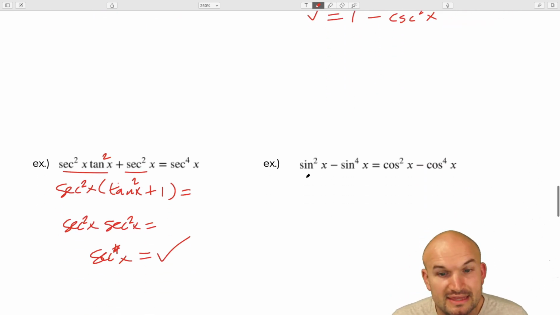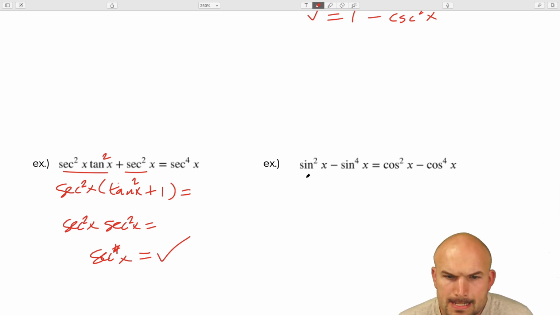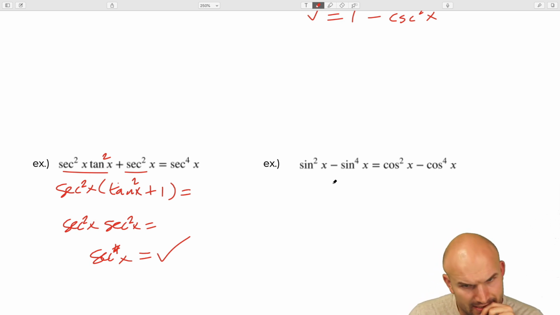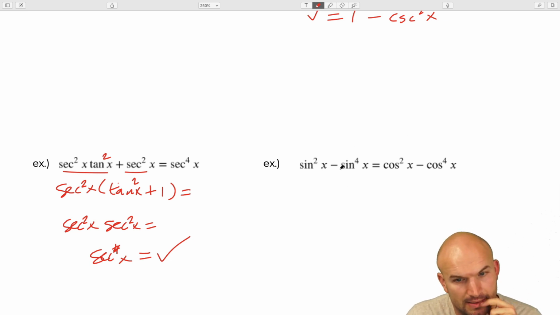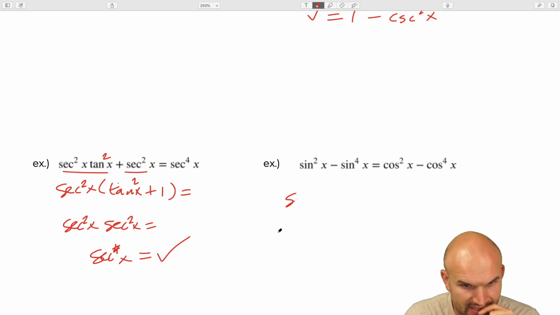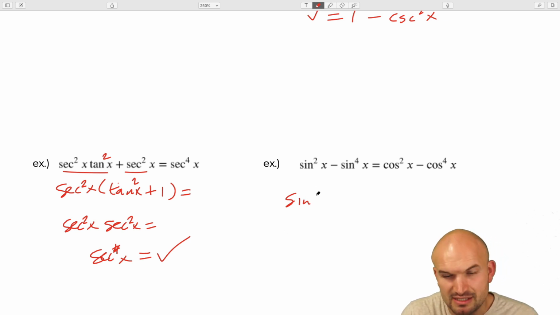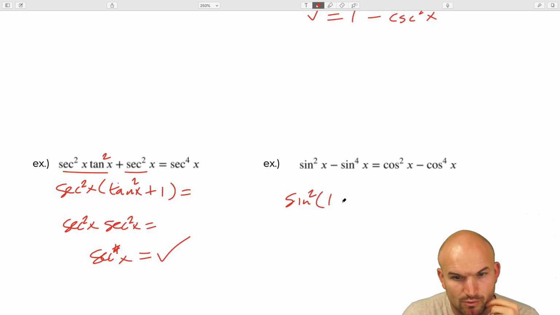Okay, and then the last one here. They don't have the same power, so I can't subtract them. But what I can do is factor out a sine. Let's just work on the left-hand side. So let's factor out a sine squared, because they're basically the same. That's going to leave me with 1 minus sine squared of x.